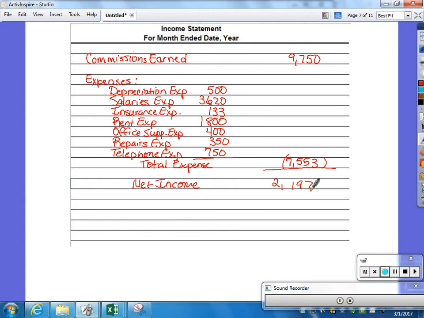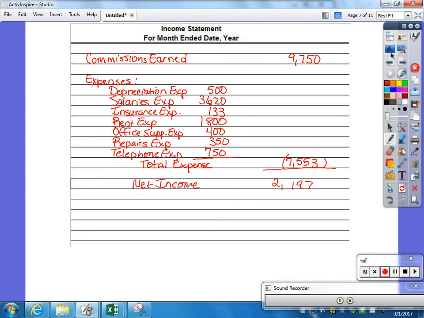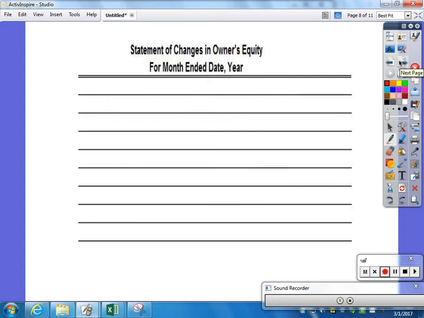I think so. Did everybody get this? Okay. Statement of owner's equity is the next statement. And what do we start off with on the statement of owner's equity? Beginning capital.